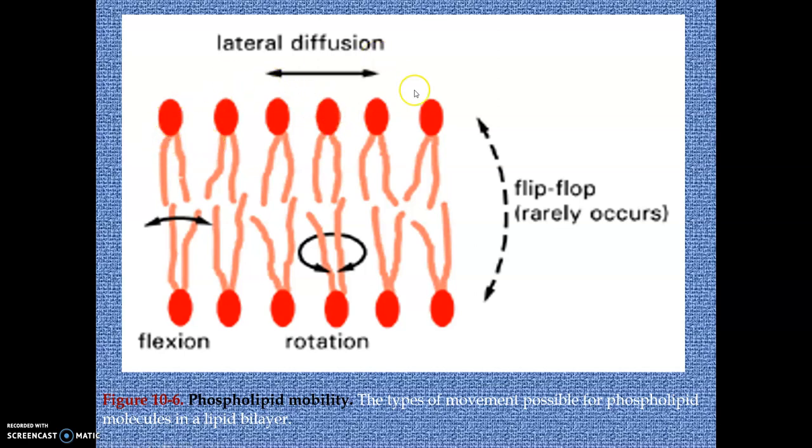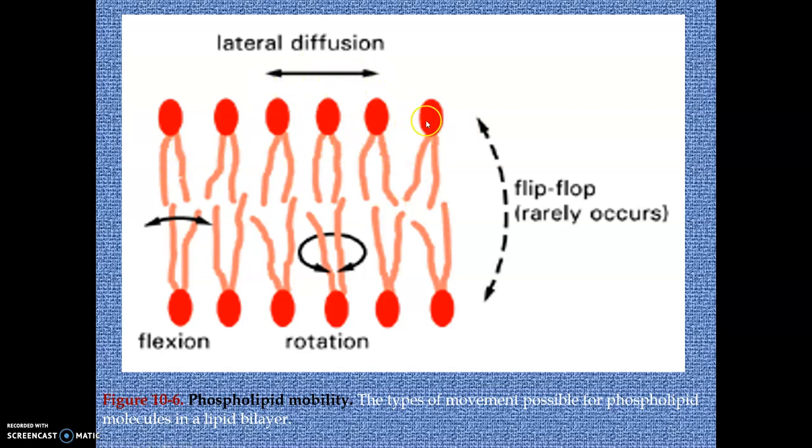This can come and move to this position. Likewise, no phospholipid is stable at a position. It continuously keeps moving around in the phospholipid membrane, and that is called lateral diffusion. In this layer, these phospholipids move anywhere in this layer. That type of movement is called lateral diffusion.